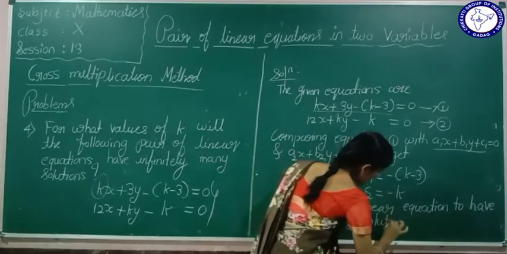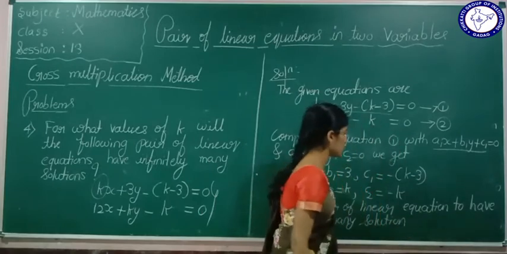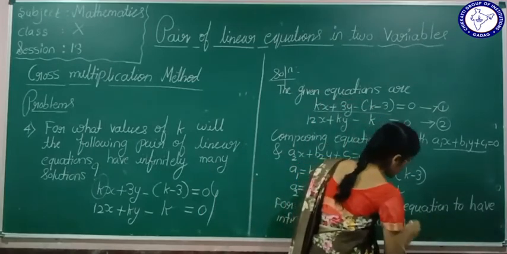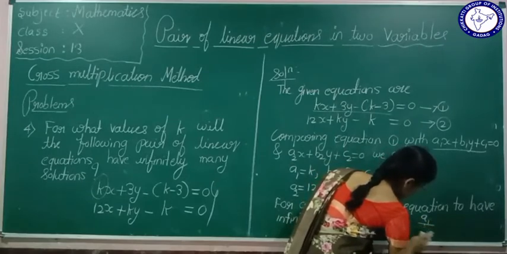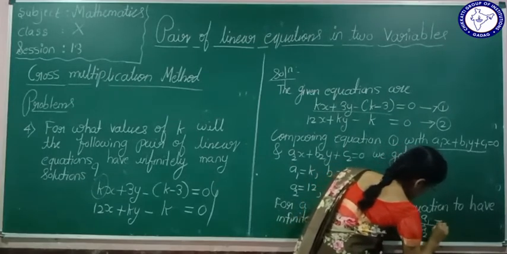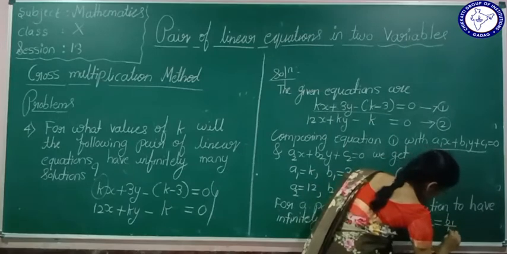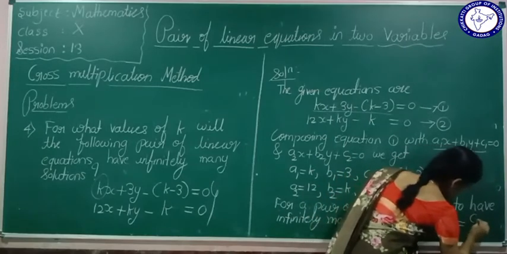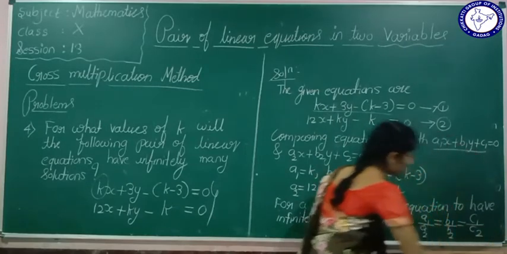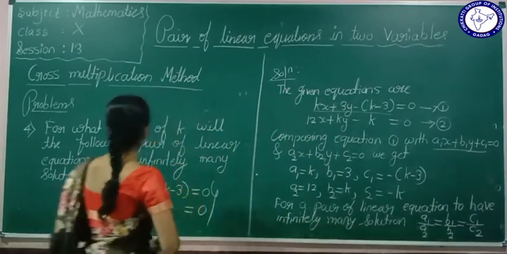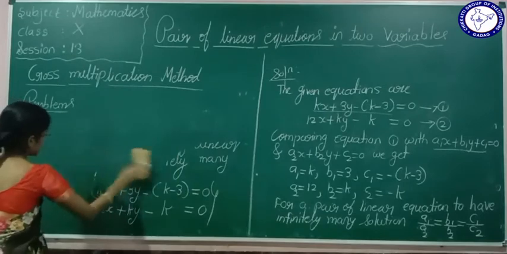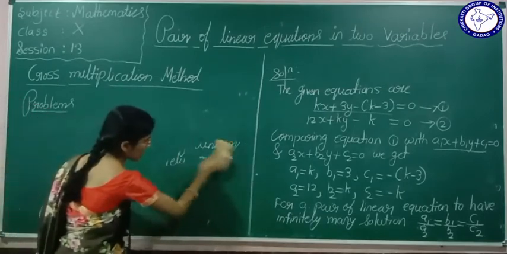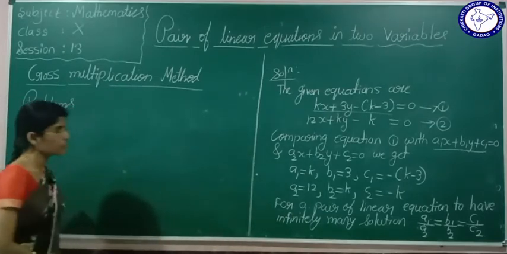To have infinitely many solutions, the condition is that a1 by a2 is equal to b1 by b2 is equal to c1 by c2. So this is the condition. Now we will substitute the values in that and find out the value of k.